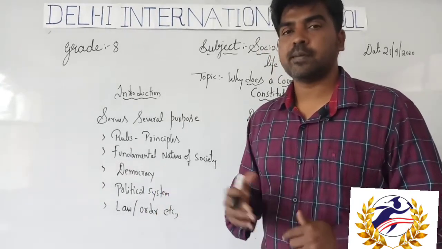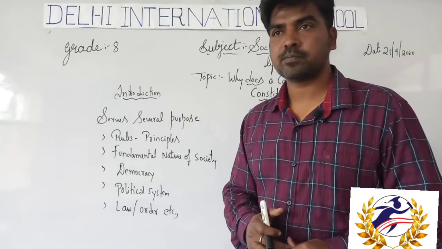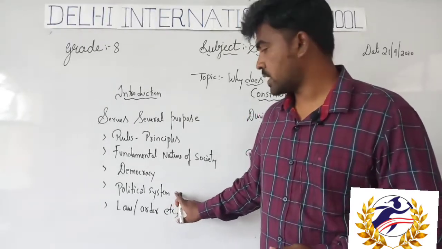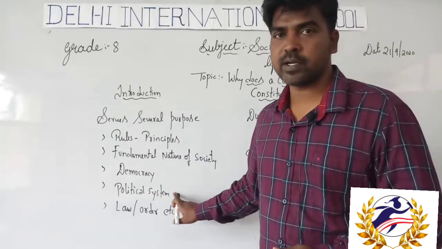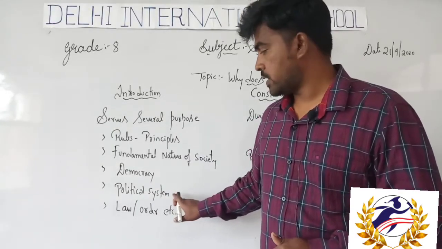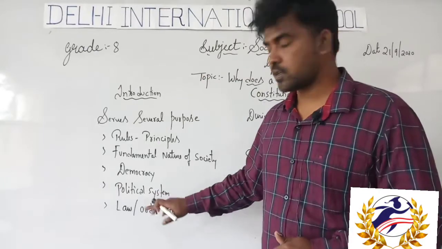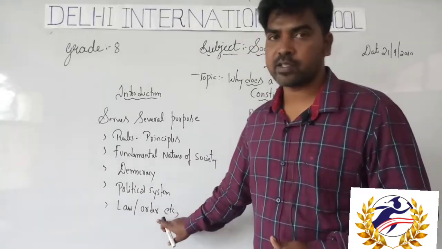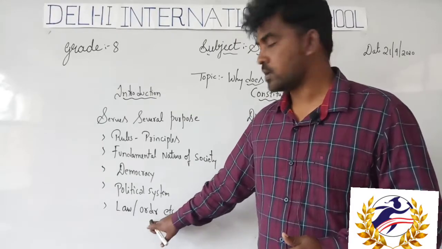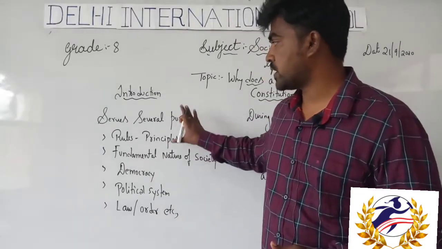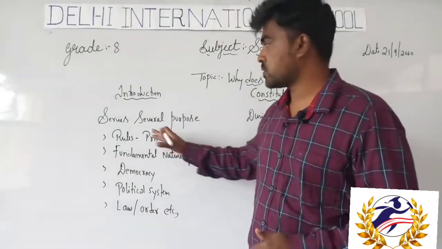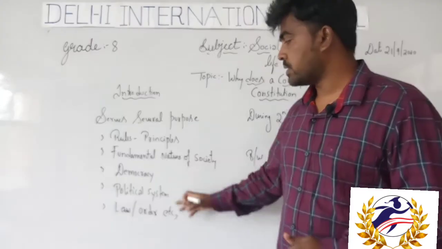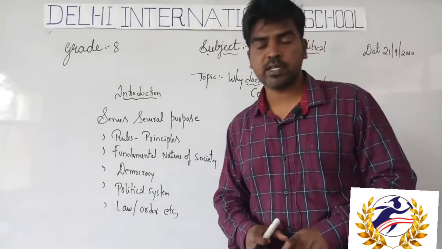We discussed the types of government in 6th and 7th standard also: local self-government, state government, and central government. These are all political systems. And law and order, the system of courts. All these things are associated with the constitution. The constitution provides these many things.